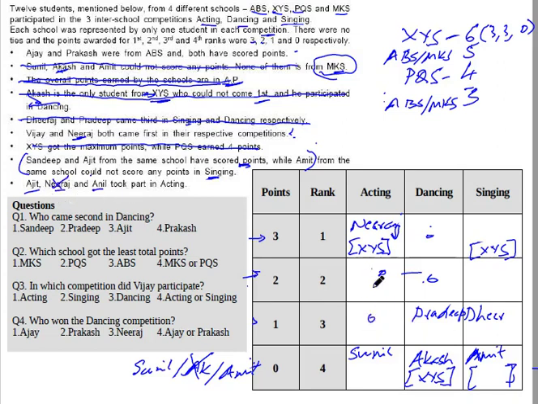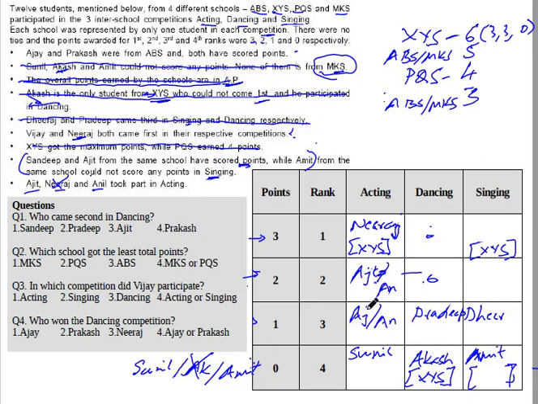One of them has to be Ajit, one of them has to be Anil. This has to be Ajit, this has to be Anil.